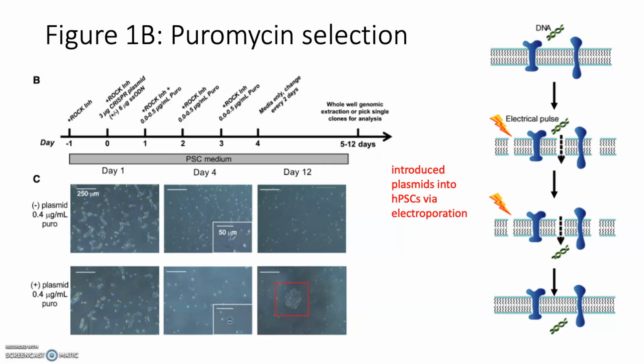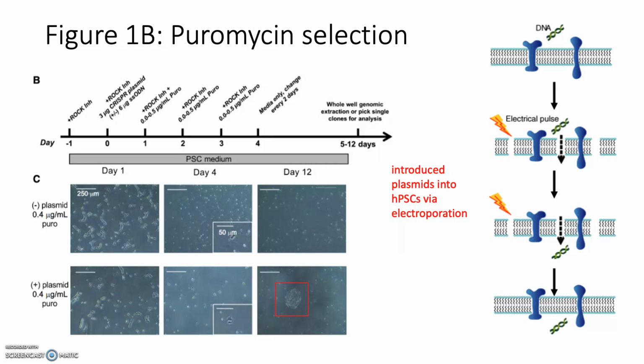And so B here is a timeline of events for introduction of the different puromycin concentrations and ROCK inhibitors to allow for basic cell culture of these iPSCs. But they also introduced the plasmid. In minus, the plasmid is not introduced, and in plus, the plasmid is introduced. And in both cases, puromycin is introduced over time.